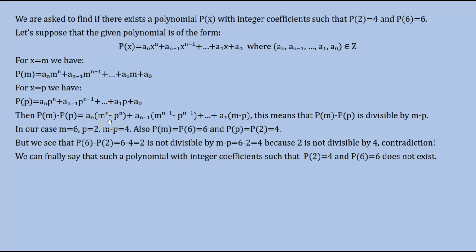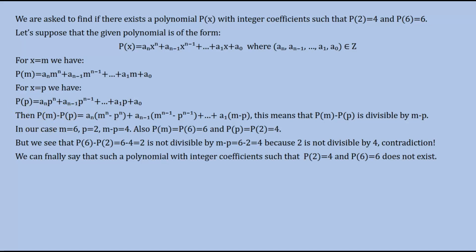So m to the n minus p to the n, m to the power n minus 1 minus p to the power n minus 1, up to m minus p. So we can factorize, and the right hand side will be an integer, and the division of p of m minus p of p by m minus p will also be an integer.